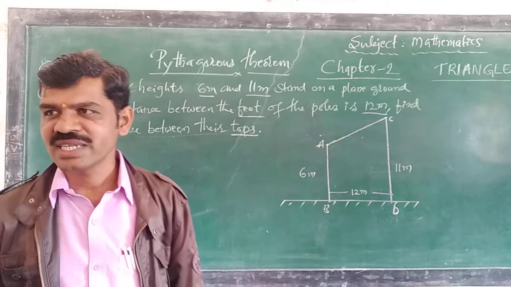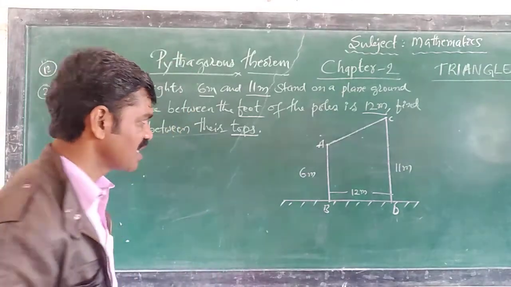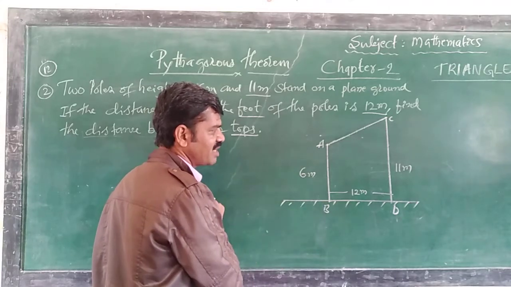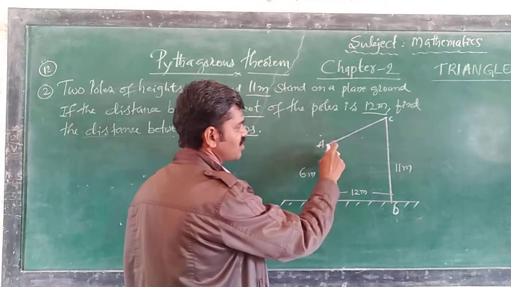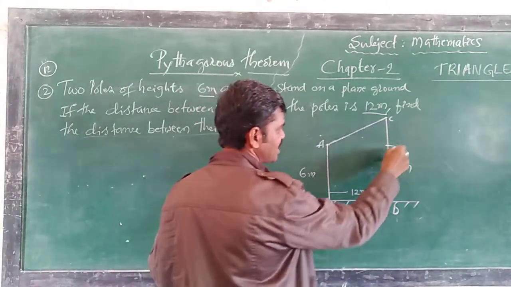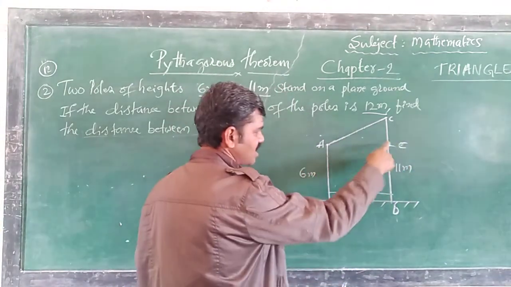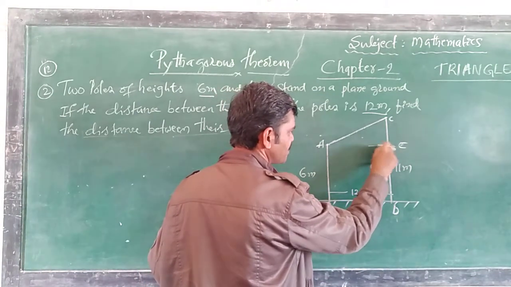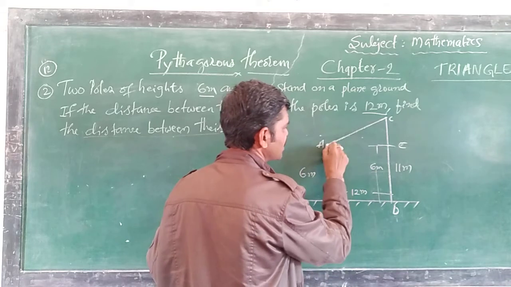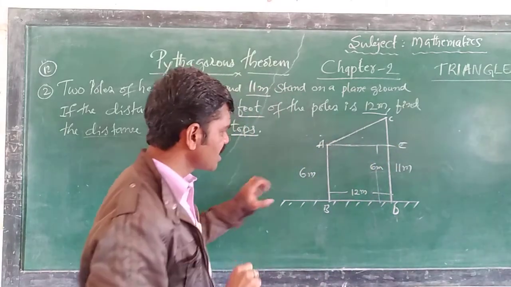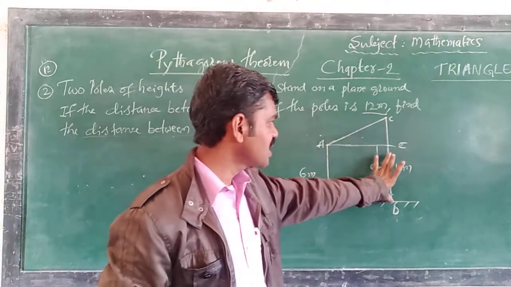Finding out the AC is very easy. See here, we have the value of AB. So let us mark one point, that is E, such that DE is equal to 6 meter. Let us join AE so that AB is equal to DE.